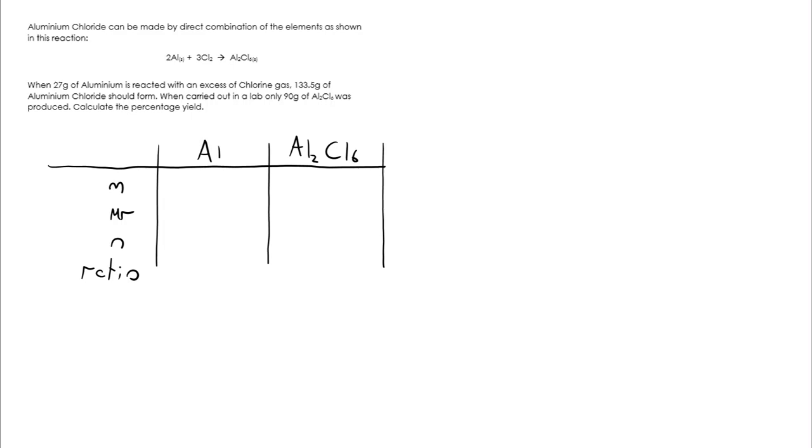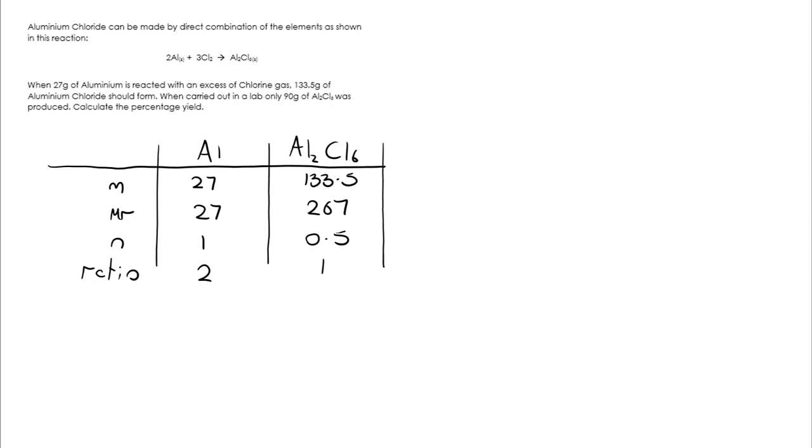And once again, we build our table. We care about the Al and the Al2Cl6. I can put my mass of aluminium in, which is 27. Its MR is 27. So a nice round number. I've started with 1 mole. My mole ratio here is 2 to 1, which means I've got half a mole of Al2Cl6. And Al2Cl6 has a relative molecular mass of 267.